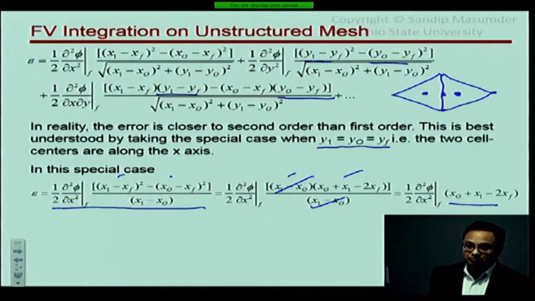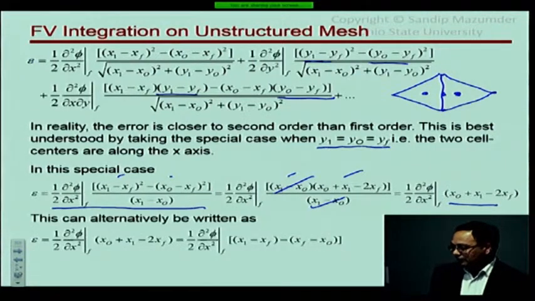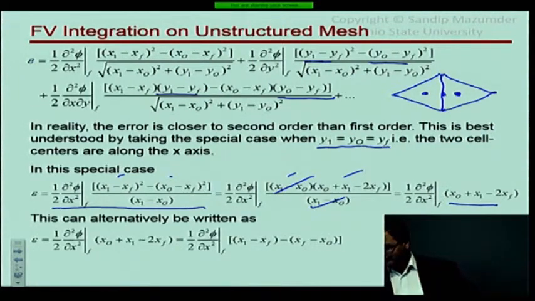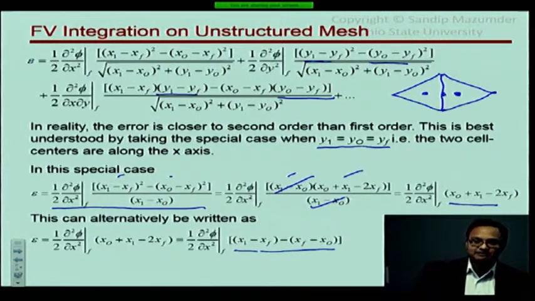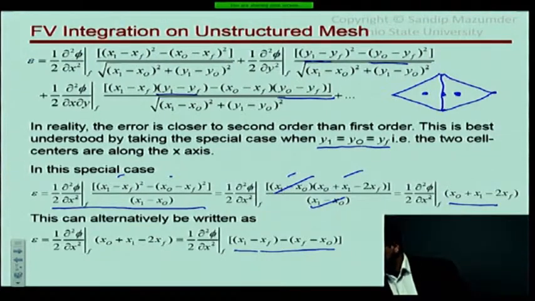Another way of writing that is this way: (x1 minus xf) minus (xf minus x0). So what are we saying? If I now start thinking about this, let's call this delta x1, and let's call this delta x0. Here is my node 0, here is my node 1.